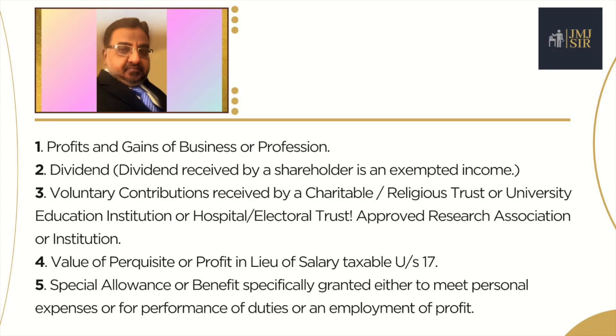So whatever list of sources of income we have is categorized under one of these five heads, of which the first is profit and gain of business or a profession, dividend, voluntary contribution, value of perquisite or profit in lieu of salary, taxable under section 17.